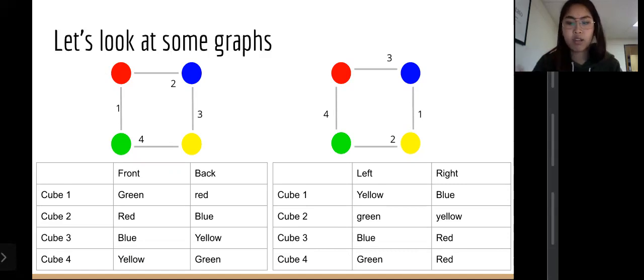We have 4 colors showing up once on each side, front to back. But even though that works, we also want to look at our lefts and our rights just to make sure. And even though this graph looks pretty similar to the first one, the front and the back, we can't assume that it works for the lefts and the rights, so we have to go through it.